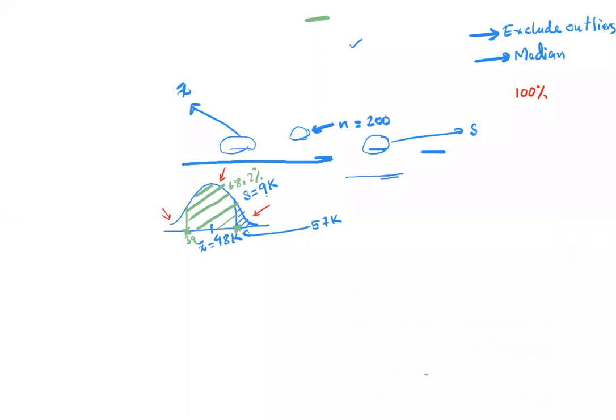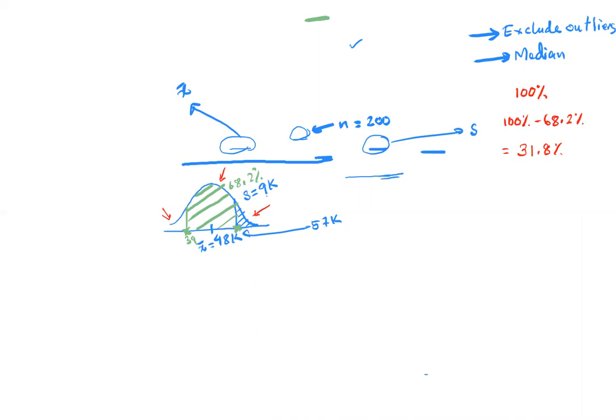To the right and to the left is gonna be 100% minus 68.2%, which is gonna give you 31.8%. Okay.